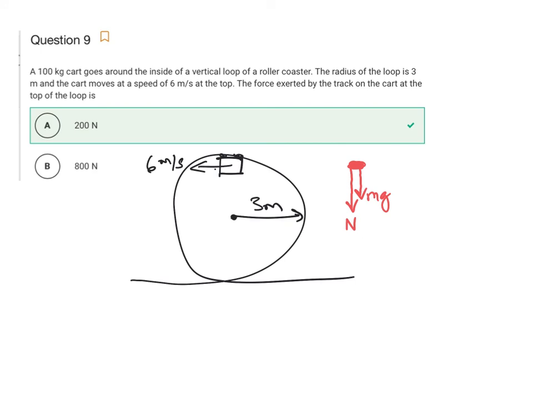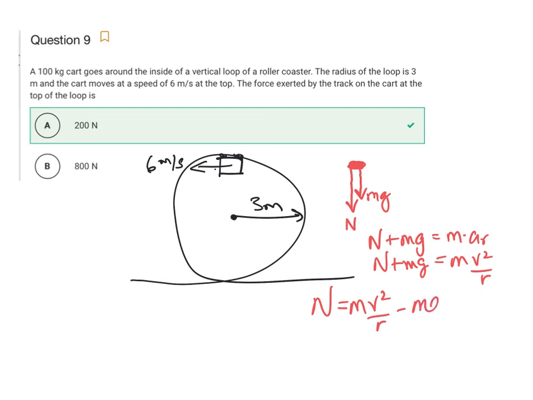So the unbalanced force is the sum of those two. They both point in the same direction. And that's v squared over r again. If I want to calculate the normal force, it's mv squared over r minus mg.